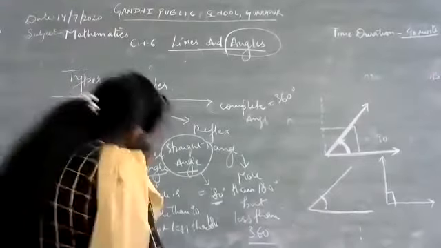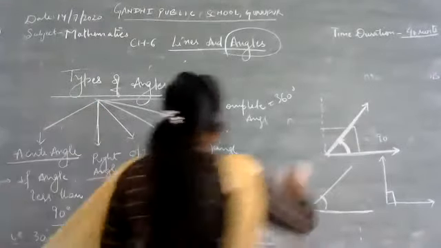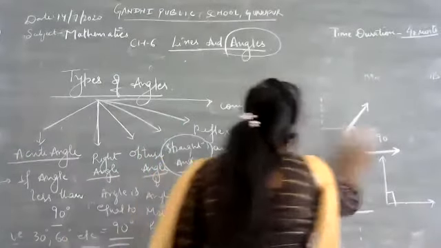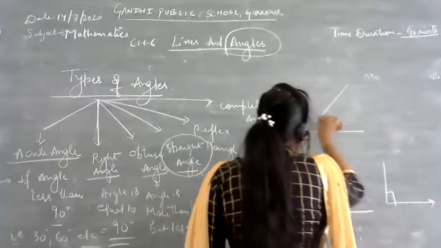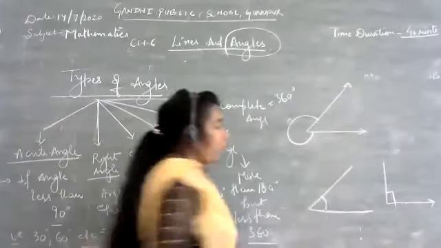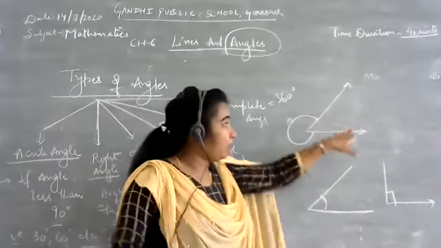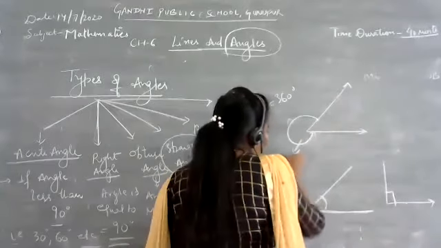Now, if the angle is like this, the angle formed by these two rays is not this much, but it has already turned further, means it is a reflex angle.